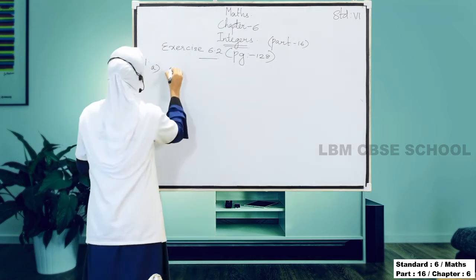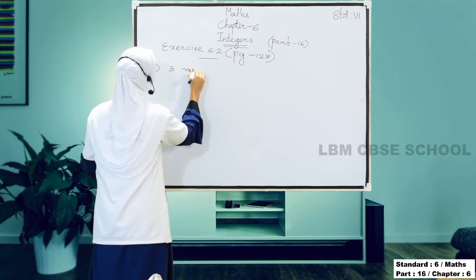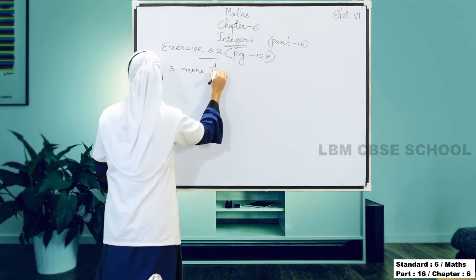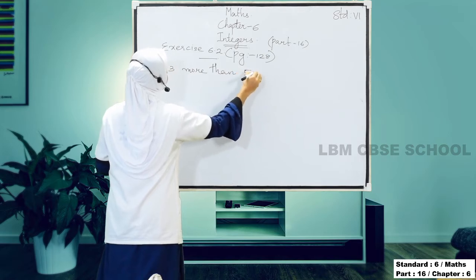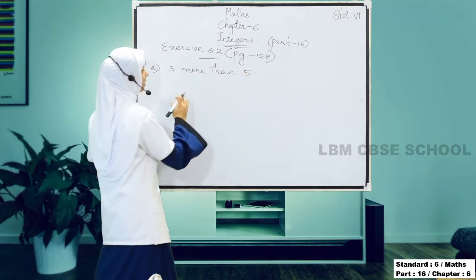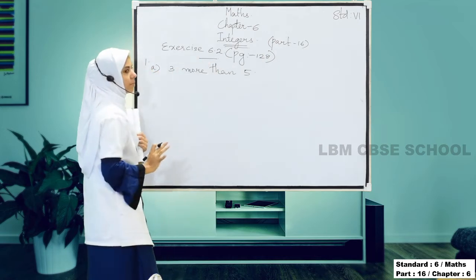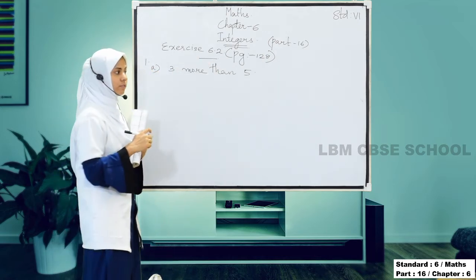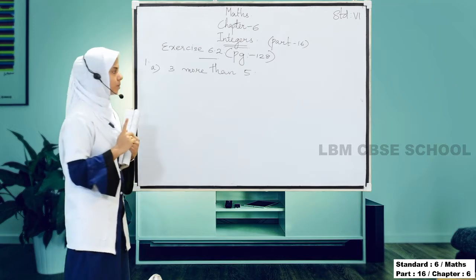So the first question is 3 more than 5. You have to find which integer you get when 3 is added to 5, using the number line.